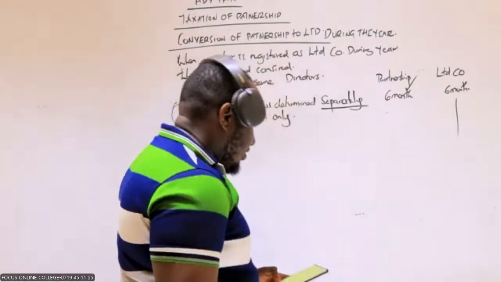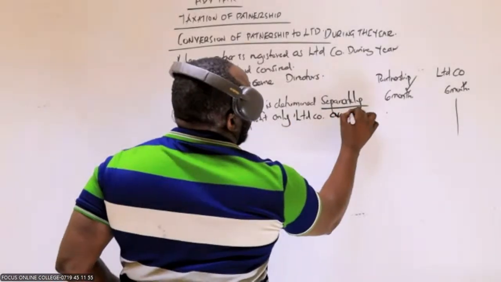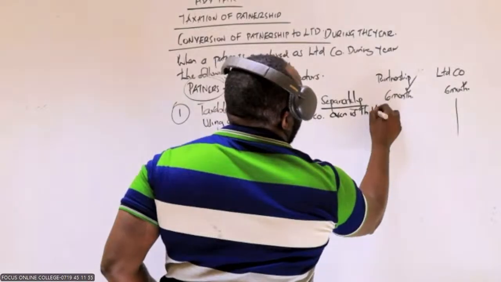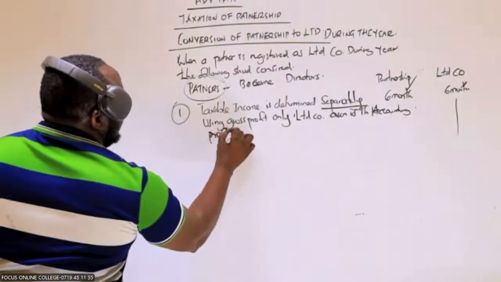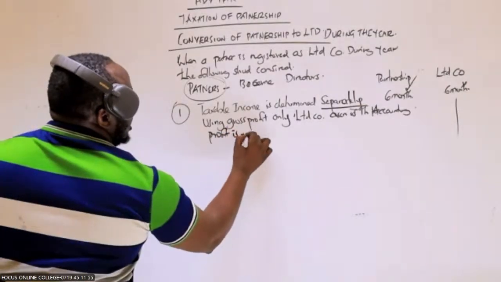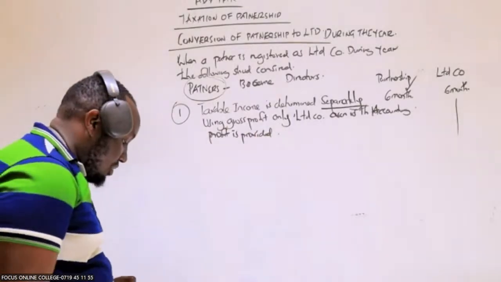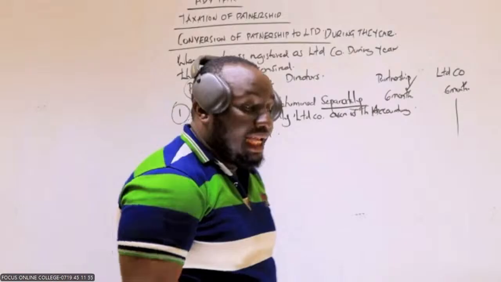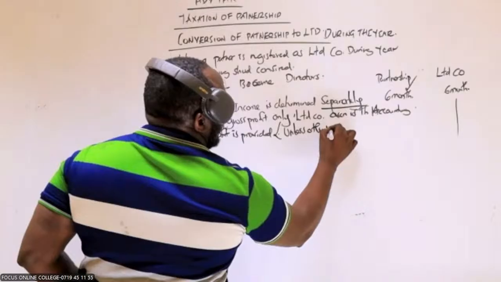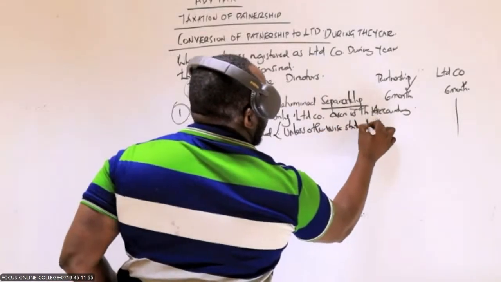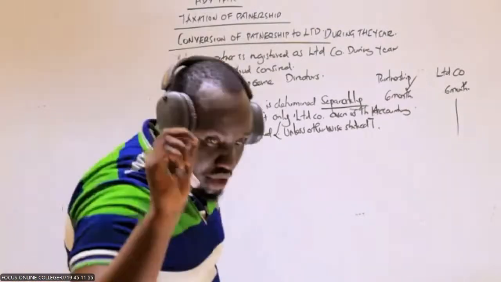Even if the accounting profit is provided, for a limited company we basically use the gross profit method altogether, unless otherwise stated, unless the examiner says so. That is the first point. I hope that first point is put together.